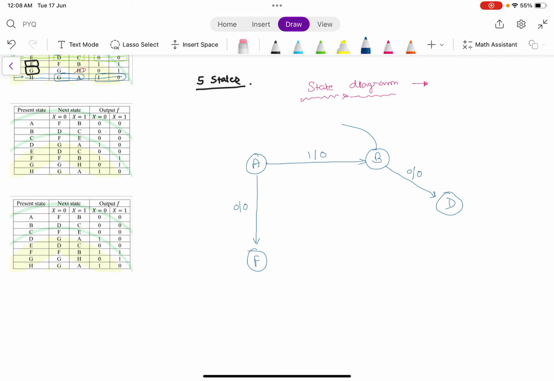B goes to A when input is 1, output is 0. D goes to G when input is 0, output is 1. And D goes to A when input is 1, output is 0.